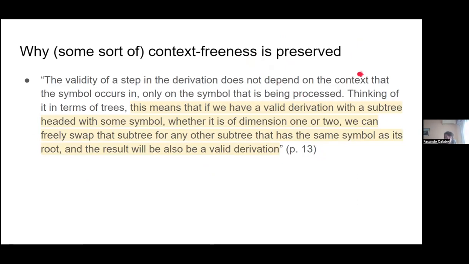Okay, this is a very simple explanation of why MCFGs are in the middle of type 2 and type 1. So what Clark explains is that if we have a valid derivation with a subtree headed with some symbol, whether it is of dimension 1 or 2, we can freely swap that subtree for any other subtree that has the same symbol as its root, and the result will also be a valid derivation.